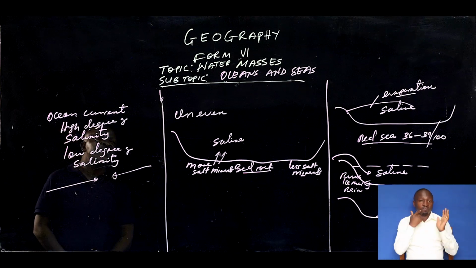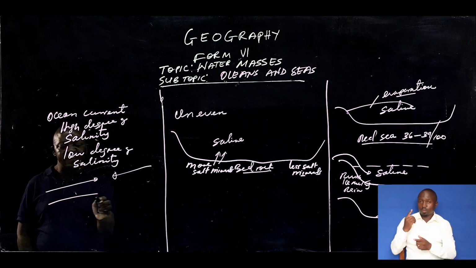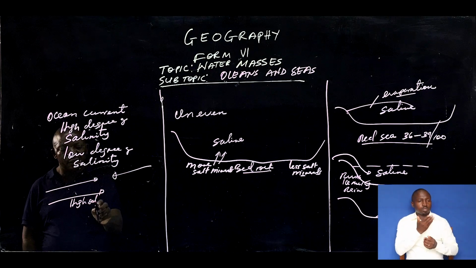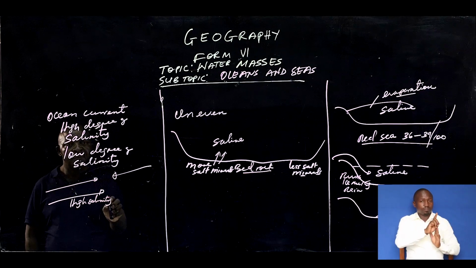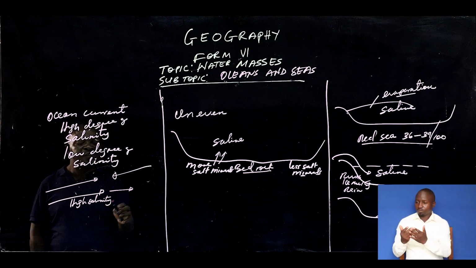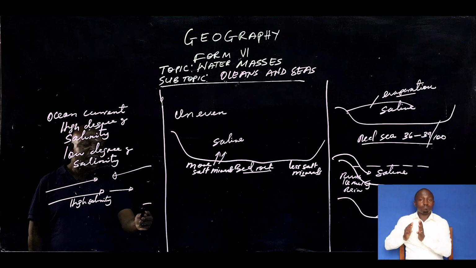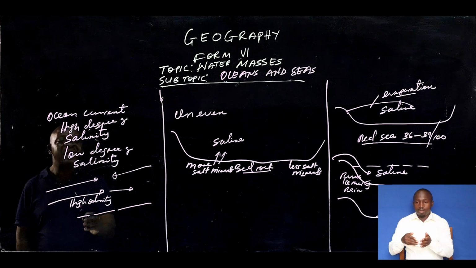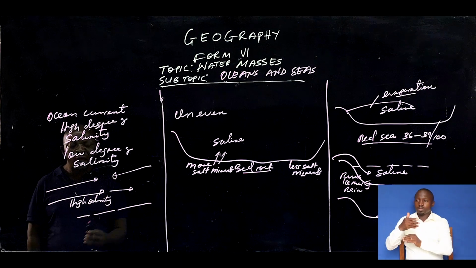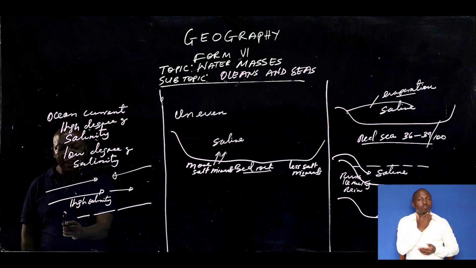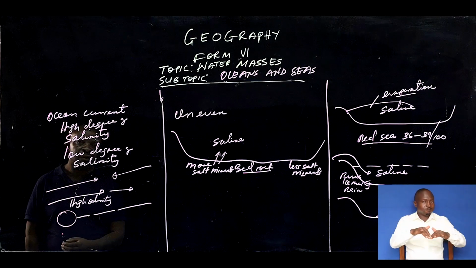For instance, if this happens, a current of high salinity may cause increased salinity to where it flows. If the current is of low salinity, it may lower the degree of salinity to where it flows.